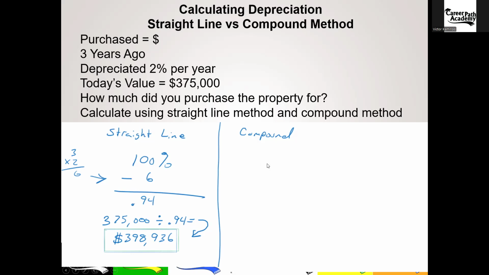Okay, now do the same thing using the compound method, which instead of doing this 2 times 3 thing, you've got to do the math problem once for each year. And let me know what you guys get with that. $398,430.